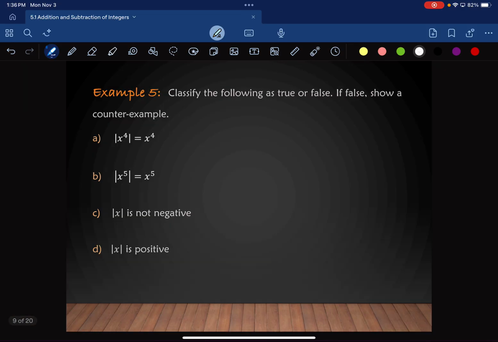Now, taking a look at how absolute values work, we're going to classify these following statements as true or false. What I'd like you to do is first try them on your own without me explaining anything else, okay? It tells you that if it's false, you need a counterexample. Remember, we talked about counterexamples before. It means an example that shows it's false. So take a couple minutes, go through the list and think, do I think this is true? Do I think this is false? And if it's false, how would I show this with a number example to a child?